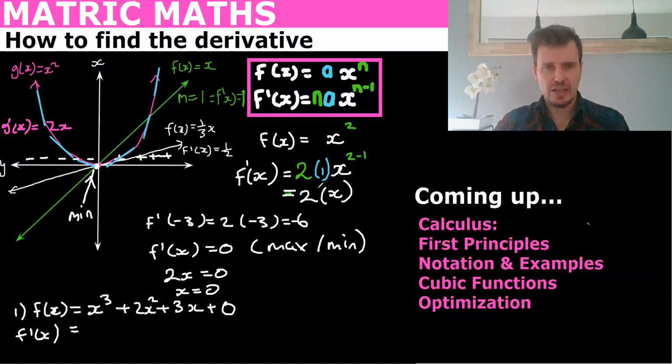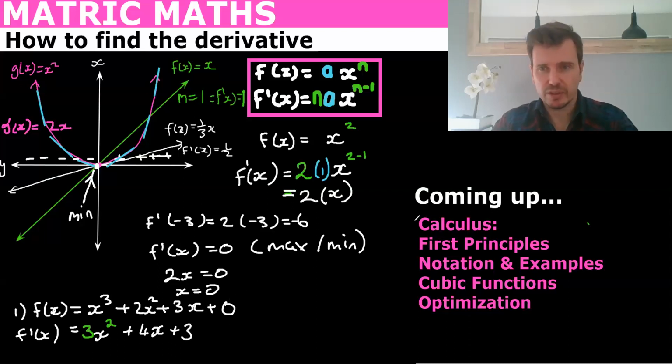Our n is 3, so it'll be 3 times 1, then it will be x, and then take 1 off the 3, and I get 2. Here from our rule, our a is 2, so it's 2 times 2 is 4, and then take 1 off the 2, I get x. When it's just x and there's no exponent, so in other words, the exponent is just 1, I just take whatever's sitting with the x, which is 3.